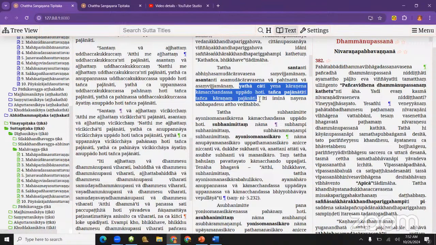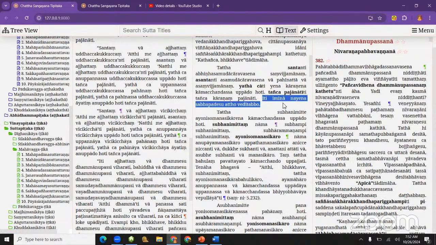So tancha karanam pajanati means he knows the arising, the eradicating, and the no longer arising in the future. All three things here. And iti imina naena sabba padesu atho veditabbo.